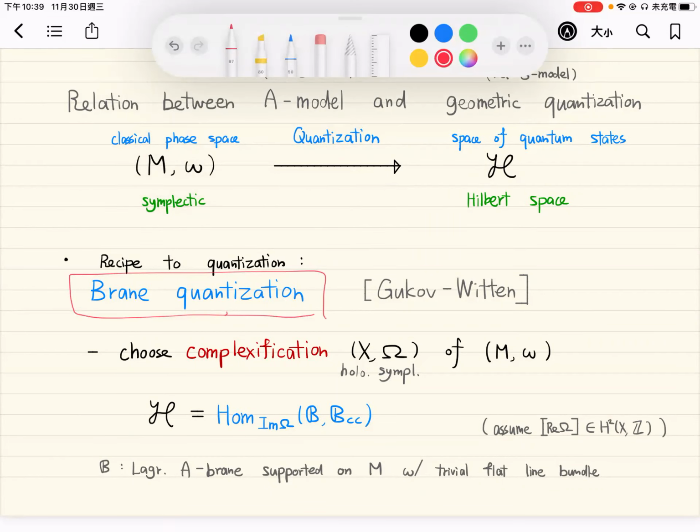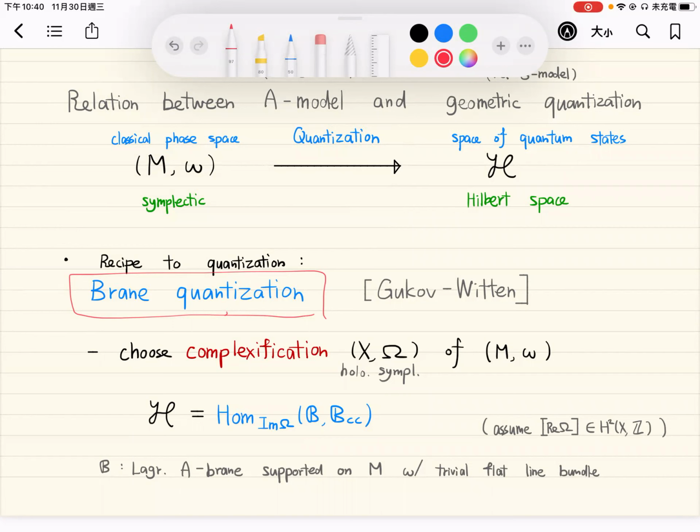What is meant by brane quantization? And what is the key difference between brane quantization and geometric quantization? The key difference is the choice of the ingredients needed to undergo this quantization scheme.